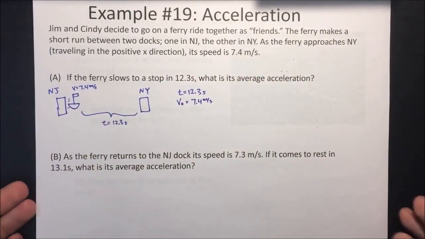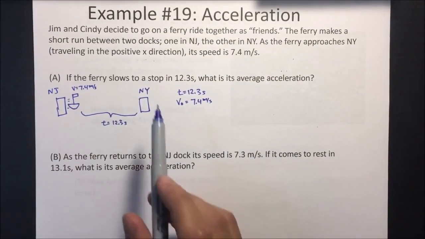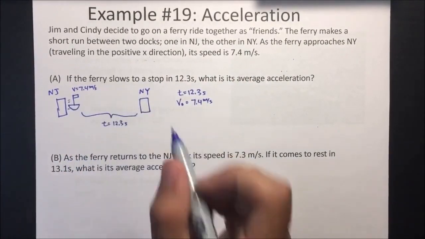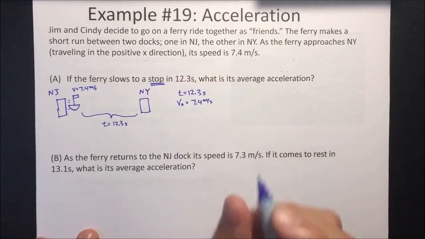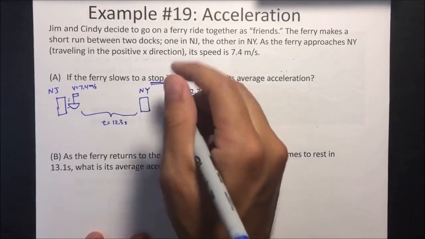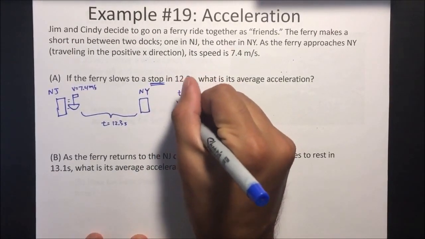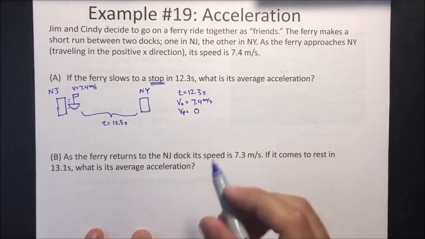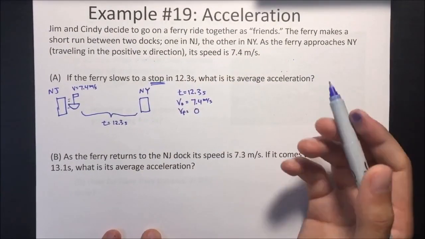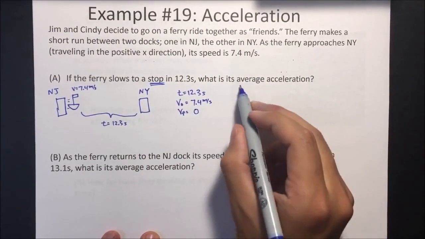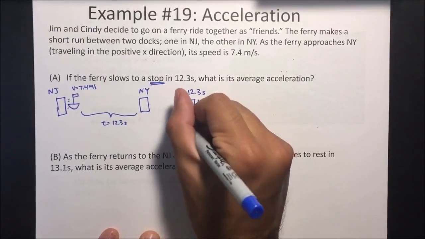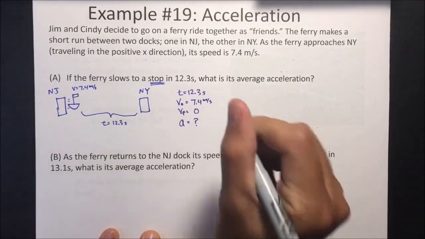And it seems like that's all we know. However, the keyword here is the ferry slows to a stop. What this means is that the final velocity is going to be equal to 0 because it's going to slow to a stop. Last thing is, what are we looking for? Average acceleration.